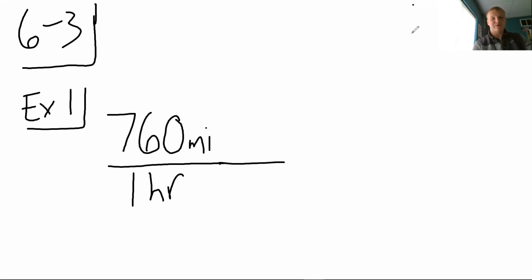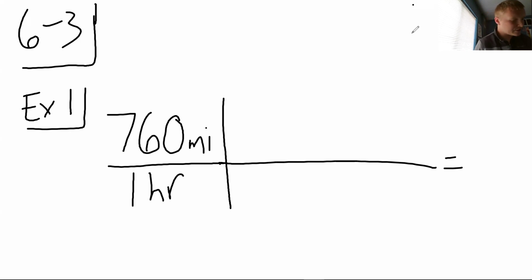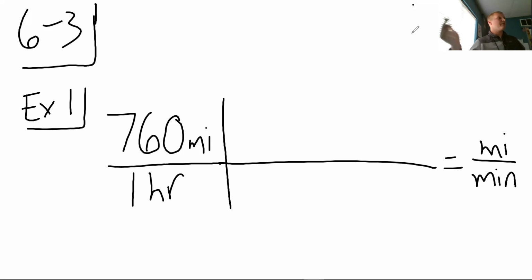So I'll do my little conversion chart here. First off, what is our end goal here? It wants us to convert it to miles per minute. So we want miles on top and minutes on the bottom. Our miles, we don't have to do anything to that. All we have to convert is the hours.